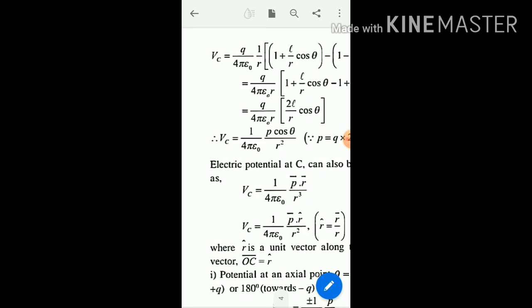So in this way, we can write electric potential at point C, that is Vc equal to 1 upon 4 pi epsilon 0 into P cos theta upon R square. There must be an electric dipole moment, that is P, that arises here. Then in this way, this equation can be written Vc equal to 1 upon 4 pi epsilon 0 into P cos theta upon R square.